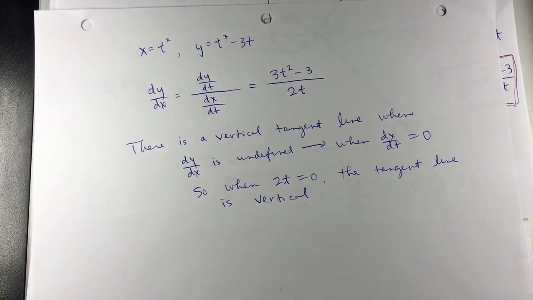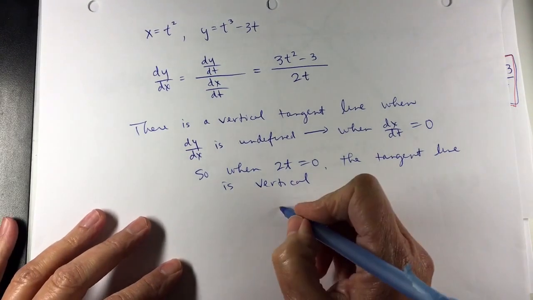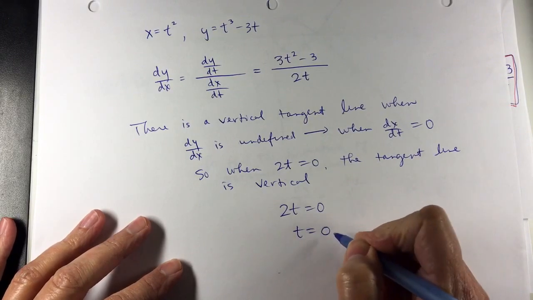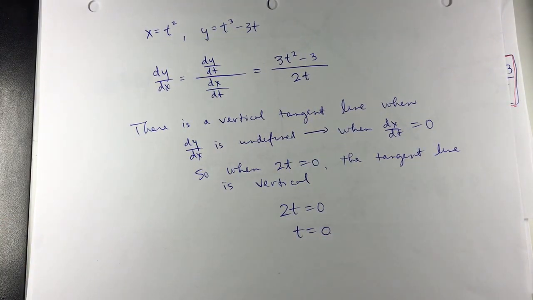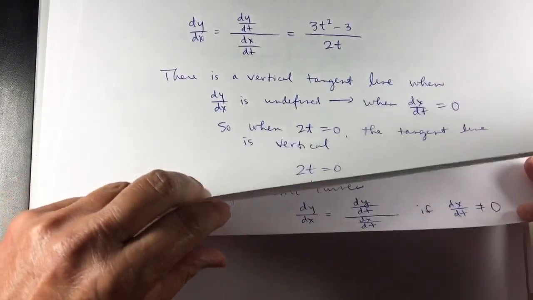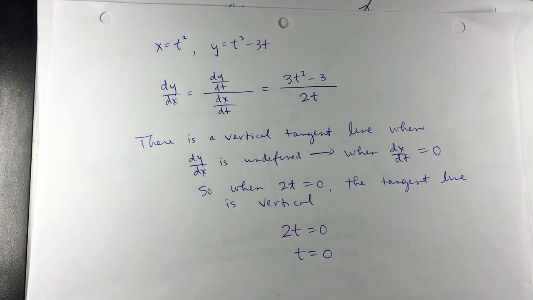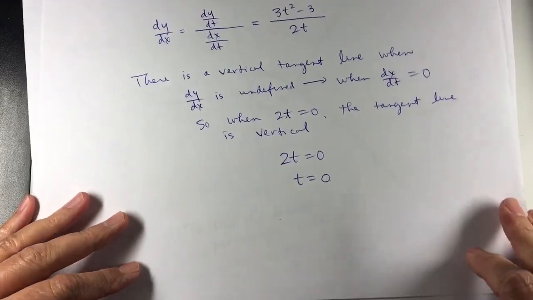So I just need to solve 2t equals 0. Well, what's that going to be? 2t is 0. T is 0. I'm looking for the chart we did yesterday of the ordered pairs, because when t is 0, what did we get? 0, 0. Here, I don't need to find that chart.